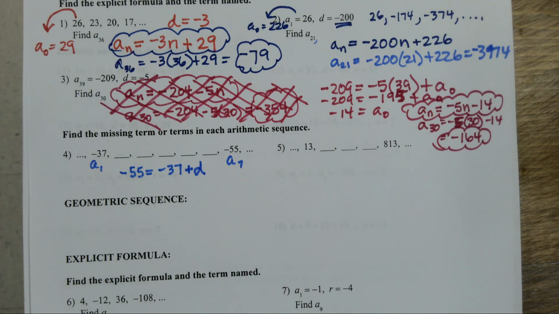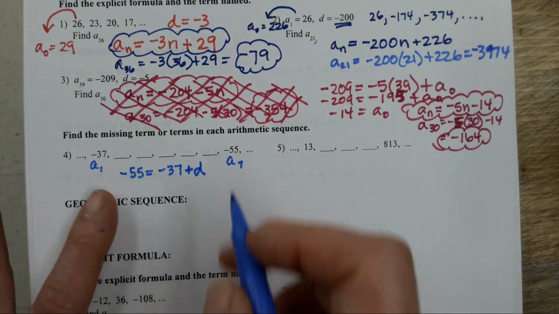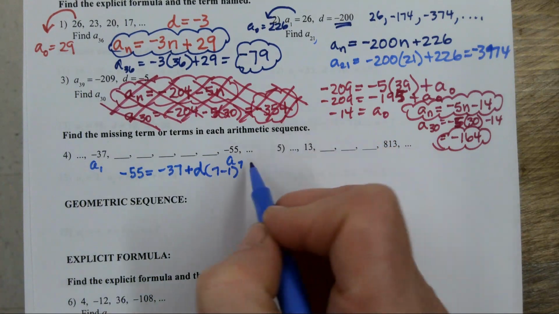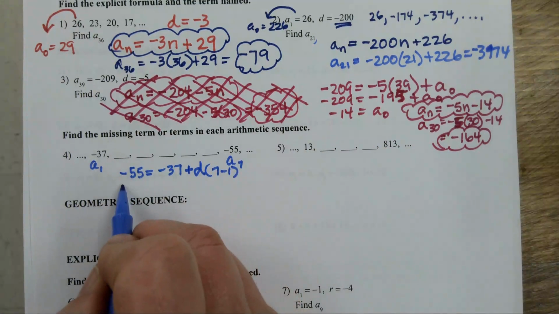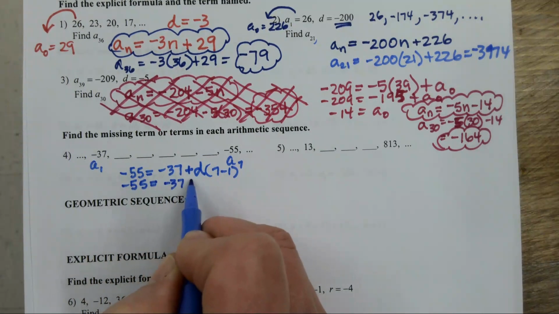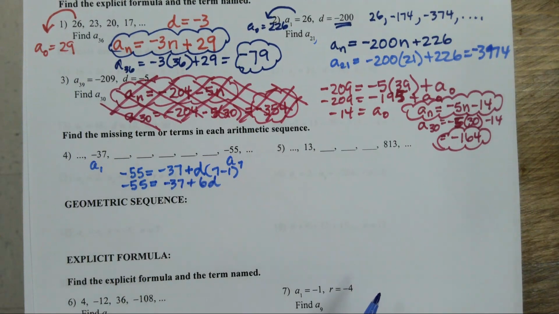That's where the n minus 1 part comes from in that original explicit formula. So I am going to add D 7 minus 1 times. So this is negative 55 is equal to negative 37 plus 6D, basically is what it boils down to. Where I end, where I start, this is going to help me find my common difference.